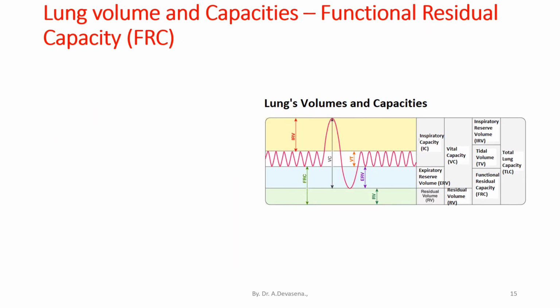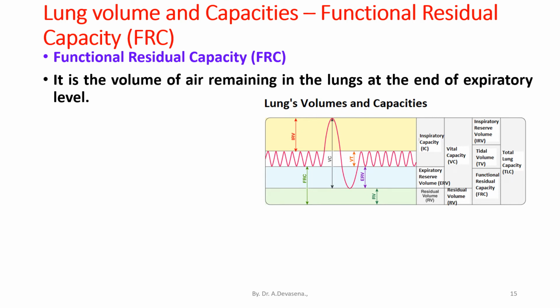Functional residual capacity, FRC, is the volume of air remaining in the lungs at the end of expiratory level. FRC is equal to residual volume plus expiratory reserve volume, or FRC can also be represented in terms of total lung capacity minus inspiratory capacity.